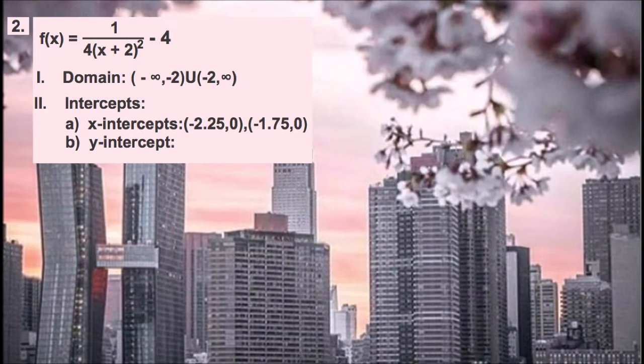Thus, the x-intercepts are points of coordinates negative 2.25, 0, and negative 1.75, 0.